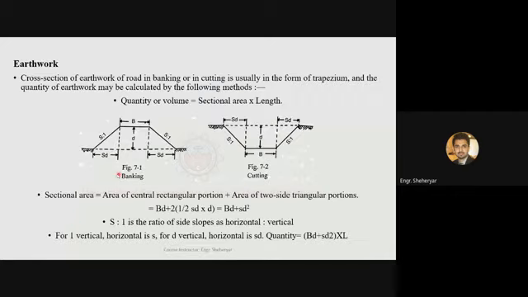So normally you have seen that roads, highways or motorways are constructed in a trapezoidal way. If you take a section at any point, you'll see a trapezium like this, or if it is in cutting and the road is going below the ground level, you'll see a section like this.